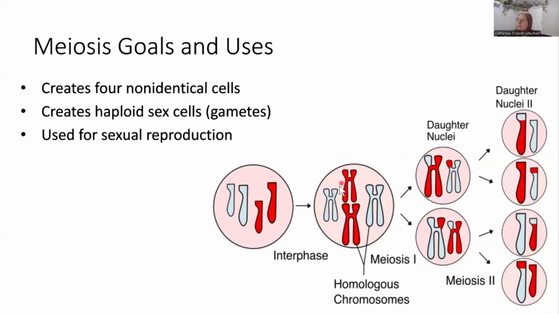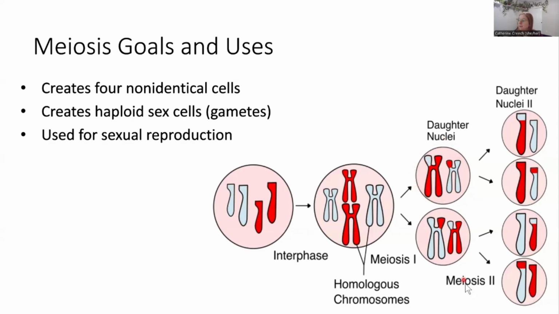Another thing to note, during the process of prophase, I'm going to have crossing over occur. Crossing over is where pieces of the DNA swap with their homologous pairs, and we'll talk about that in 1 second. And what you're left with is genetic recombination. So the chromosomes that I started with are no longer identical.